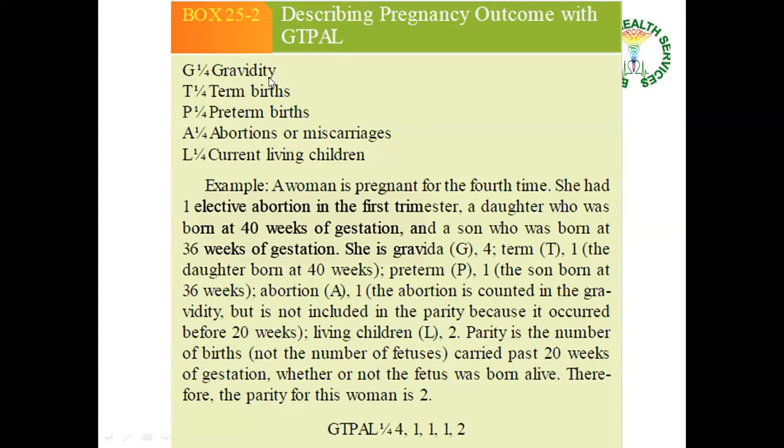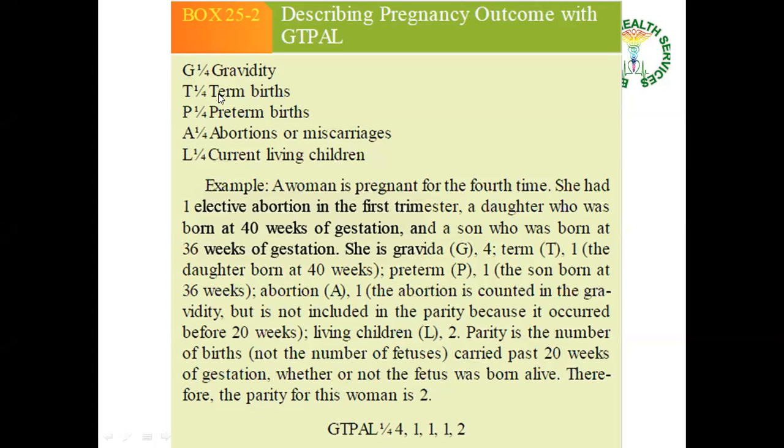So if the mother is going to give birth the first time, she is primigravida. If the mother already has 2 babies and is now going to have another birth, this is the 3rd, multigravida. So G stands for gravidity, the total number of pregnancies.